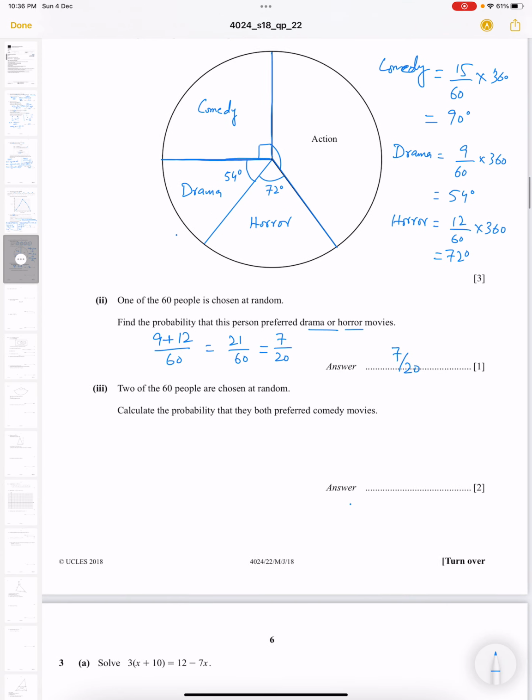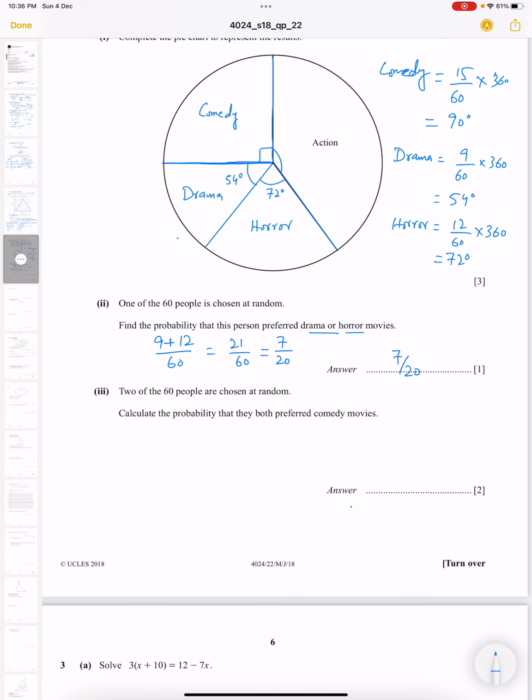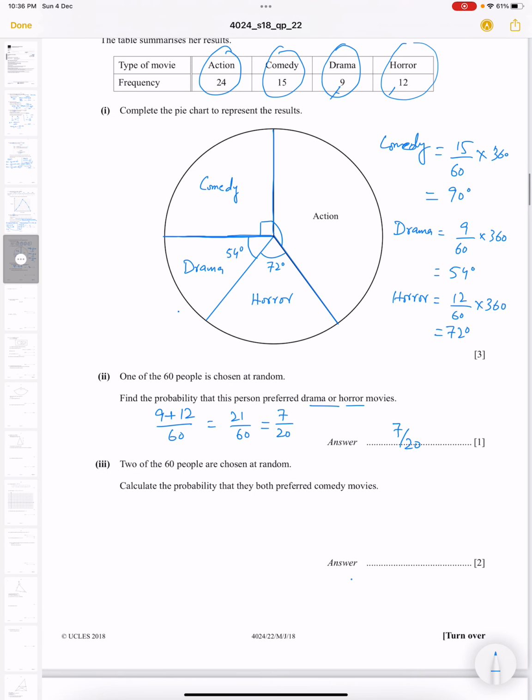Next part: 2 of the 60 people are chosen at random. Calculate the probability that they both preferred comedy movies. Two people are chosen. So for the first person, the probability will be 15 by 60, since in comedy the total people are 15. But for the second person, since the first one is chosen, it's a case of dependent event.